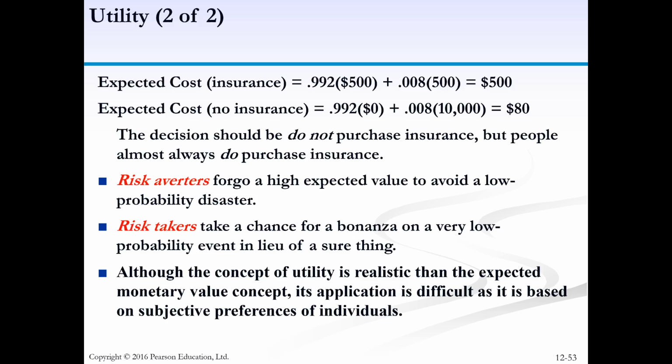These are called risk averters. Risk averters forego a high expected value to avoid a low probability disaster. And then there are risk takers also, which take a chance for a bonanza on a very low probability, even in lieu of a sure thing. For example, people gamble and they buy lottery tickets, and only a 1 in million chance or 1 in 10 million chance is there that they will win.